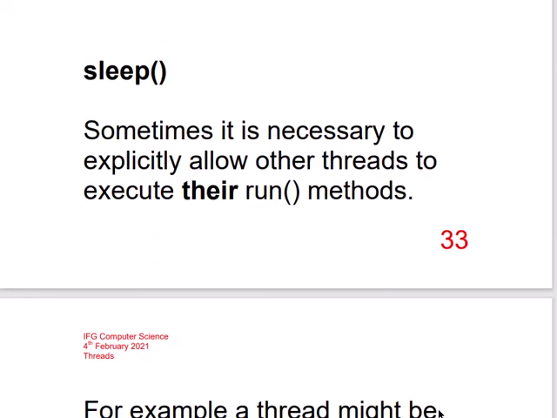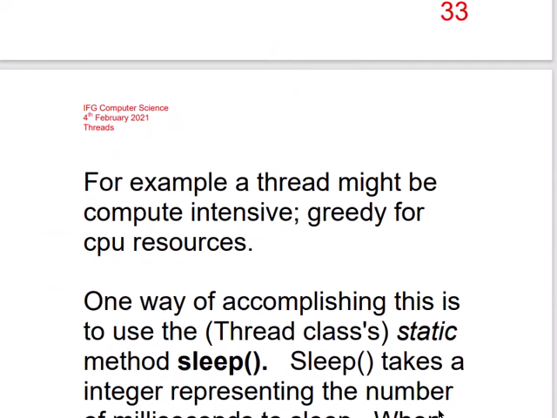So sometimes it's necessary to explicitly allow other threads to execute their run methods. One way of accomplishing that is simply to put yourself to sleep. There's a method that belongs to the thread class that allows you to put yourself to sleep, which has the consequence, of course, that it allows other threads to run.